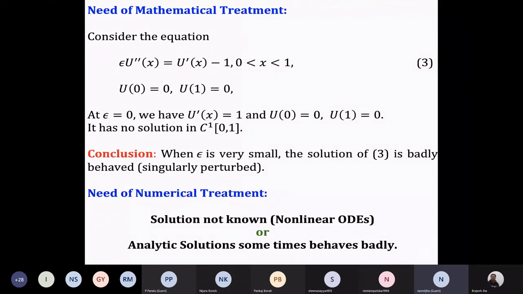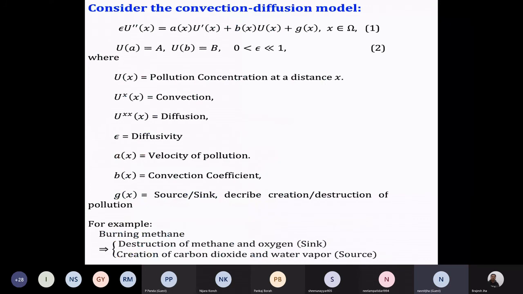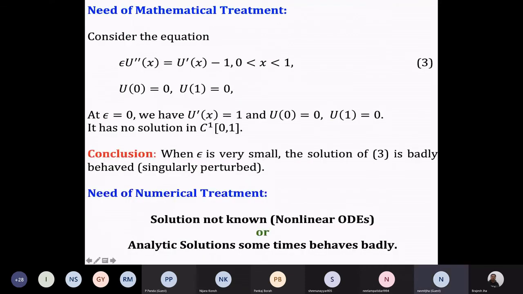Why is mathematics required in such an equation? Listen, this diffusivity epsilon is very important. Here, in the equation epsilon u double derivative equals u derivative minus 1, with u(0) equal to 0 and u(1) equal to 0, what happens when epsilon is 0? We have u derivative equal to 1 with u(0) equal to 0 and u(1) equal to 0, giving you no solution in C1.